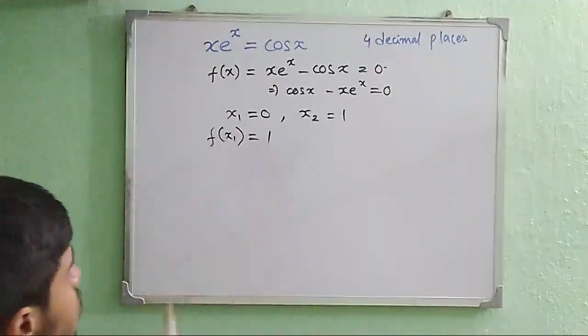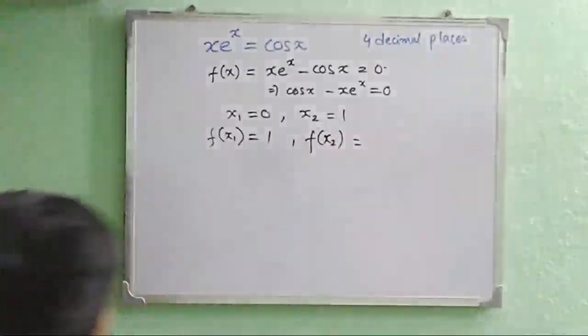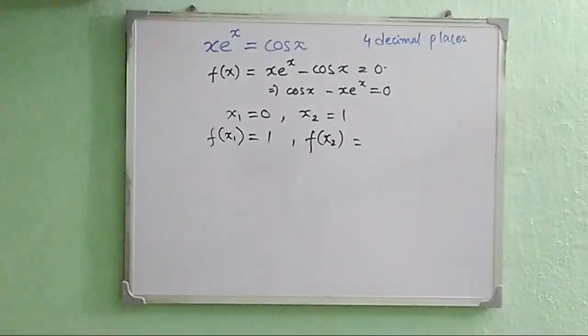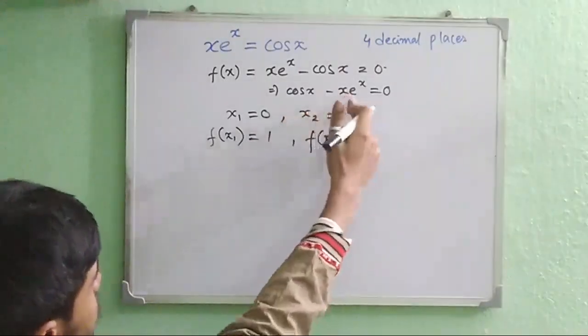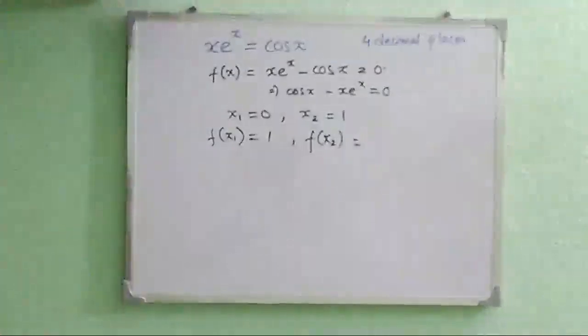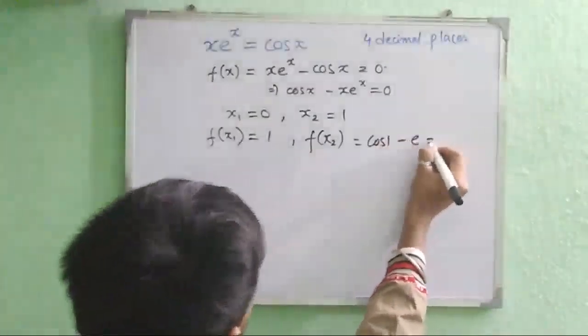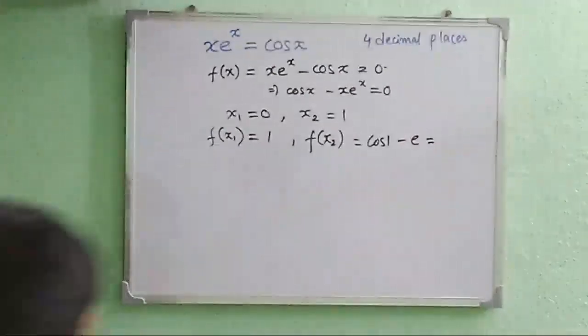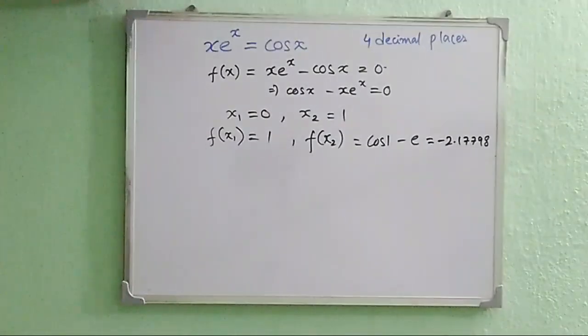And f of x2, putting 1 in the function, will be cos 1 minus e to the power 1, that is cos 1 minus e, which equals minus 2.17798. So this is the value of f of x2.